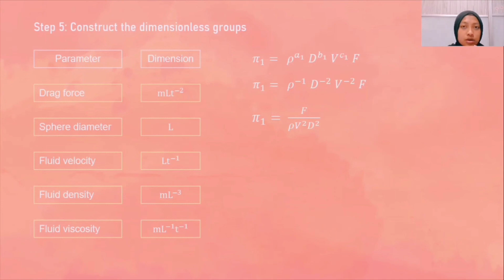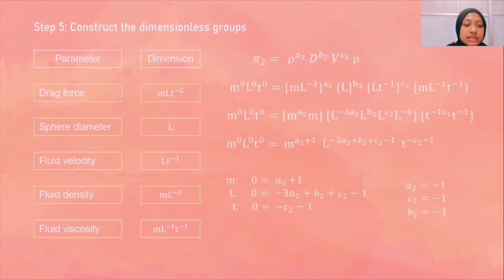Now, let's work on pi2 just like what we did with pi1. So pi2 is dimensionless. We can say that its dimension is M power 0, L power 0, T power 0. And we replace rho with its dimension.